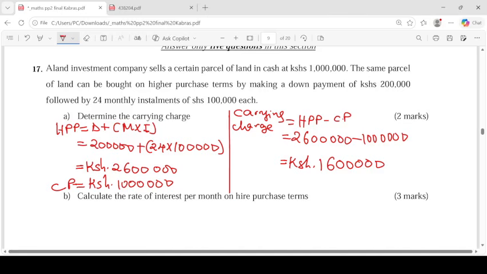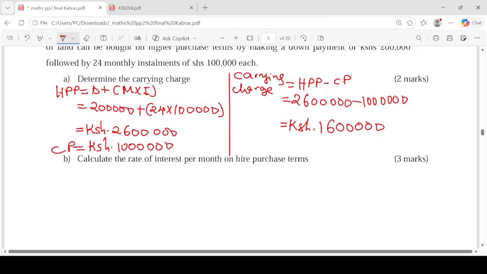So the balance becomes our principal. Our principal in this case, dear learners, will be given by the cash price, which is 1,000,000, less 200,000, which was our down payment. This is going to give you 800,000. 800,000 is now our principal.